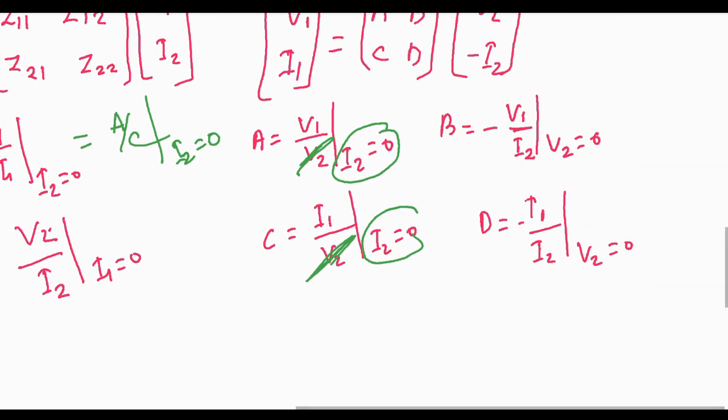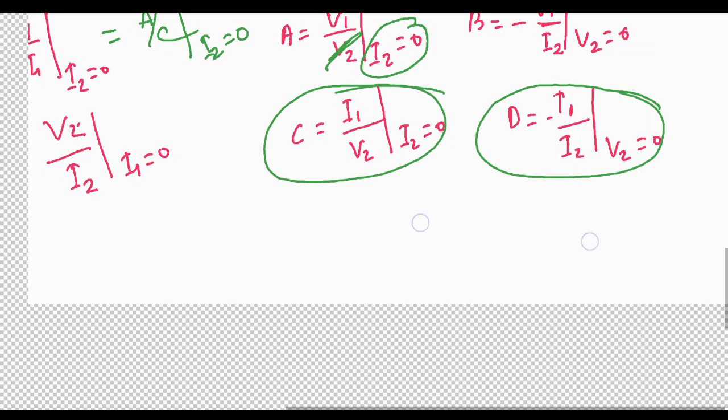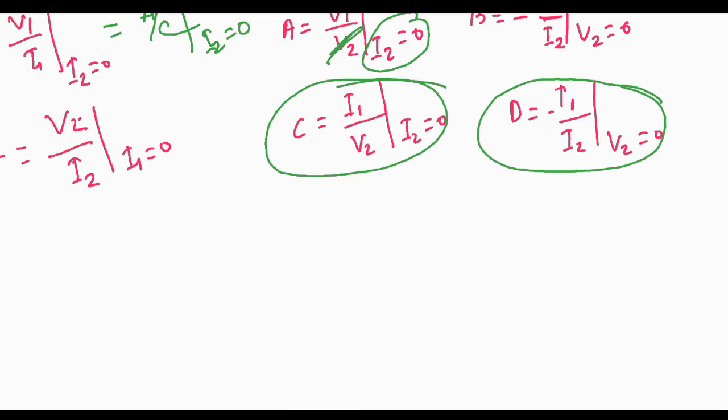Consider V2 by I2. So now D by C. If we consider D by C, what will happen? I1 and I1 will be cancelled out. D by C means I1 by I2 into V2 by I1.